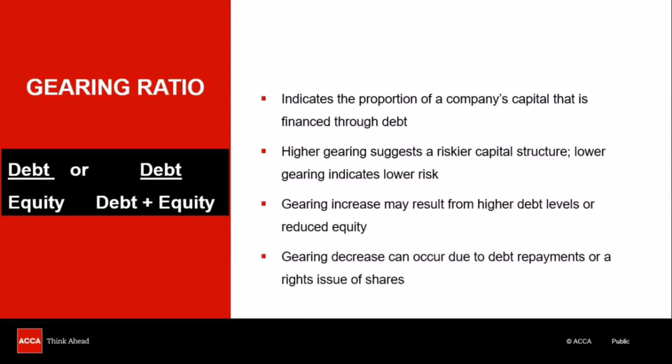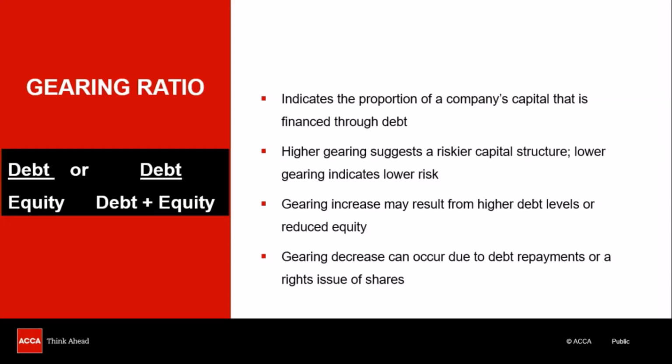Gearing can also decrease due to debt payments or a rights issue of shares. Please remember, due to a bonus issue of shares, there is no change, because there is no increase in equity because of it. But if there is a new issue of shares, equity is going to increase. Equity is also increased by revaluation gains.